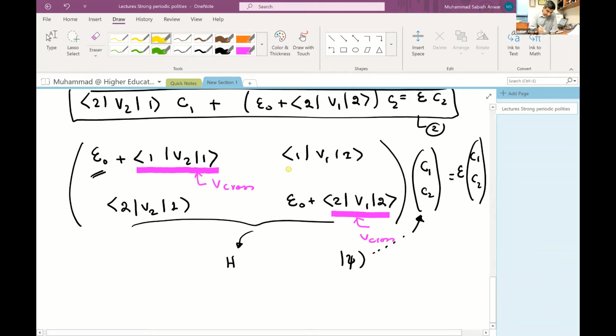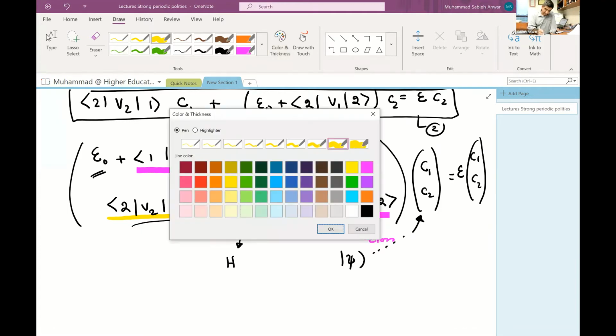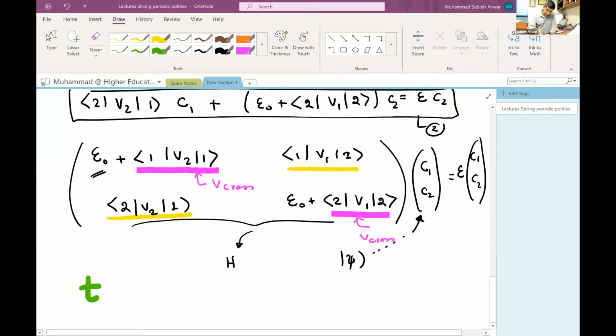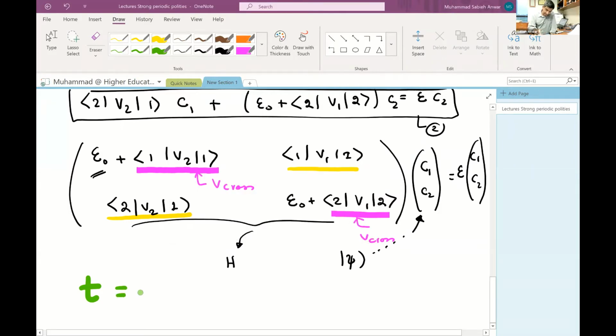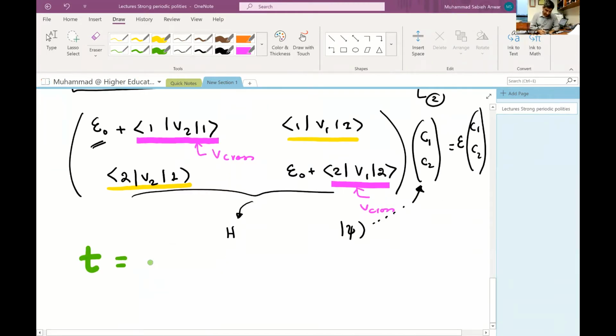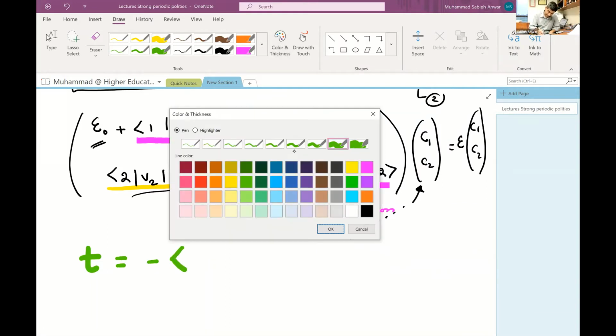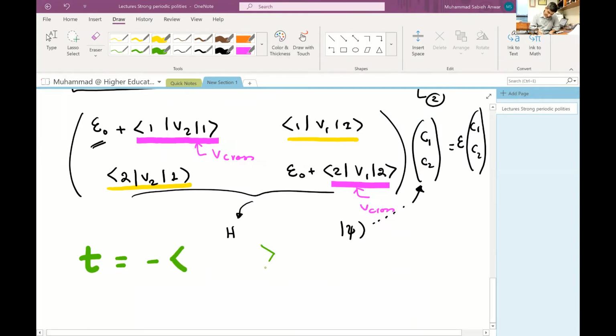These terms, on the other hand, deserve our attention. And we can define a scalar T in the following fashion. We can define this term to be equal to minus bra1 V1 ket2.